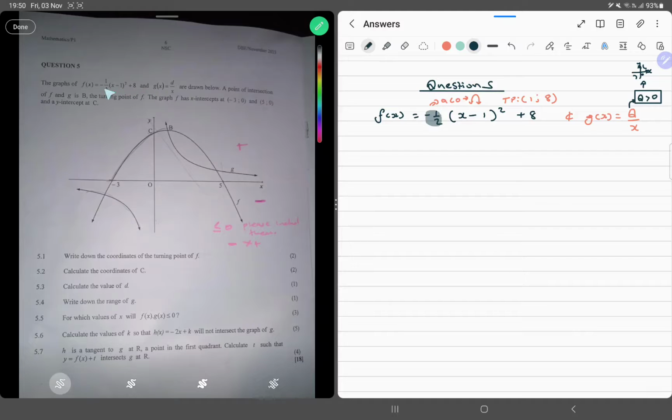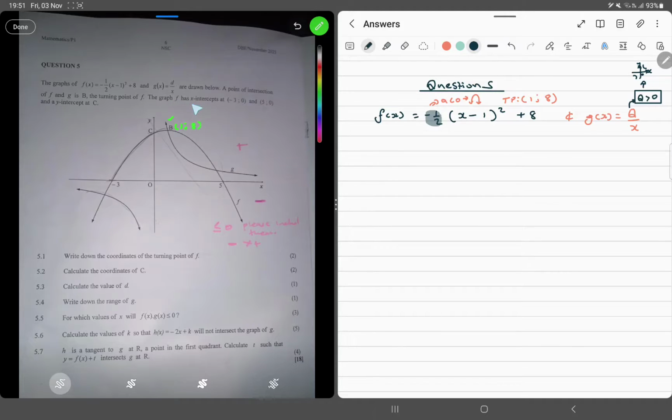So let's read. Now we know that these two graphs are drawn below. A point of intersection of f and g is b. So we know that this is the point of intersection for the two graphs, and we're told b is the turning point of f. So now if this is b the turning point, this is at (1; 8).